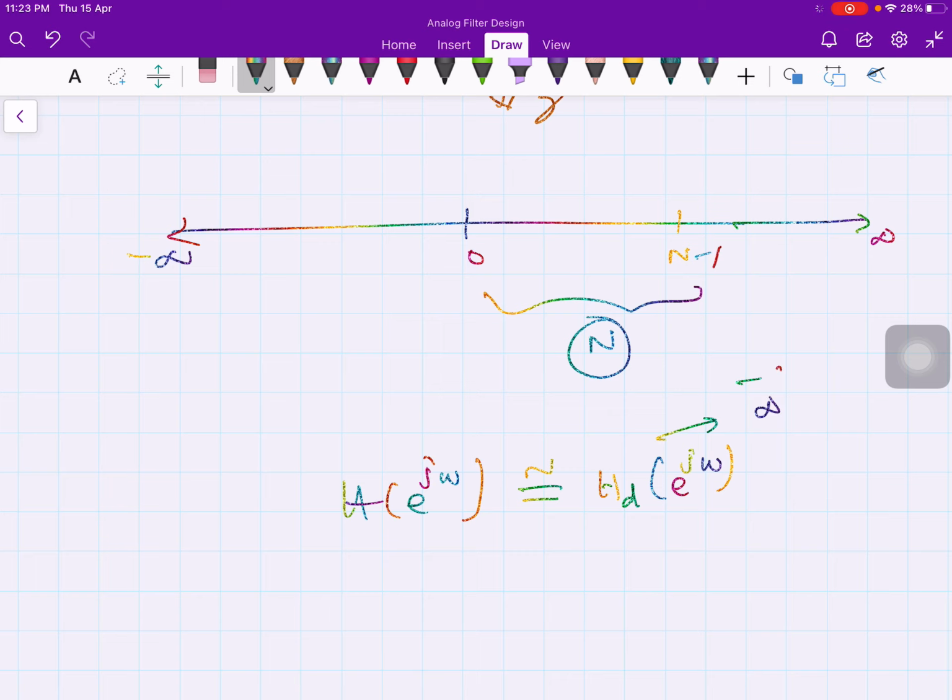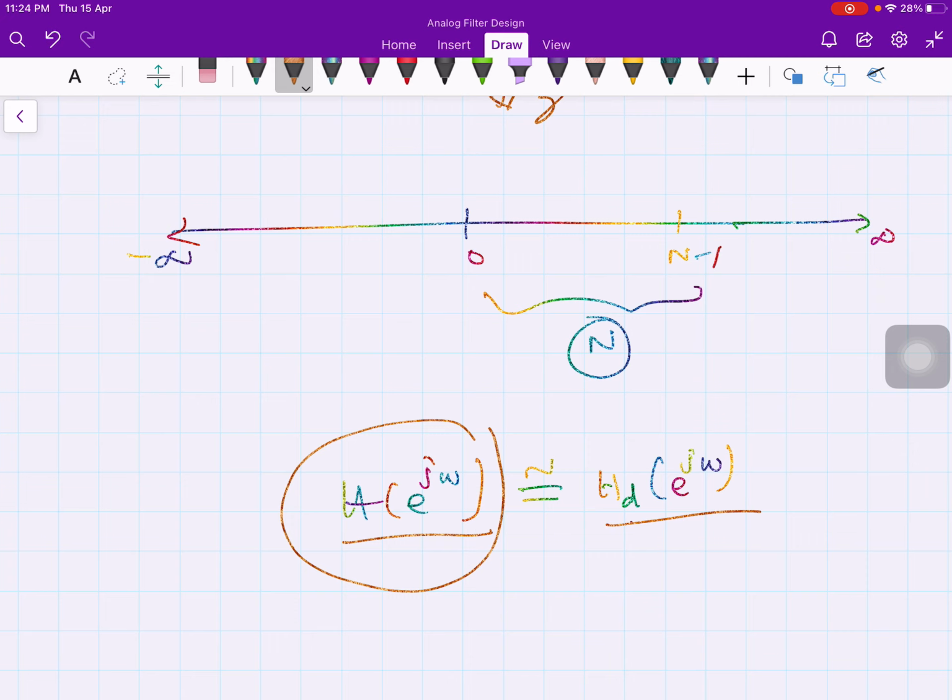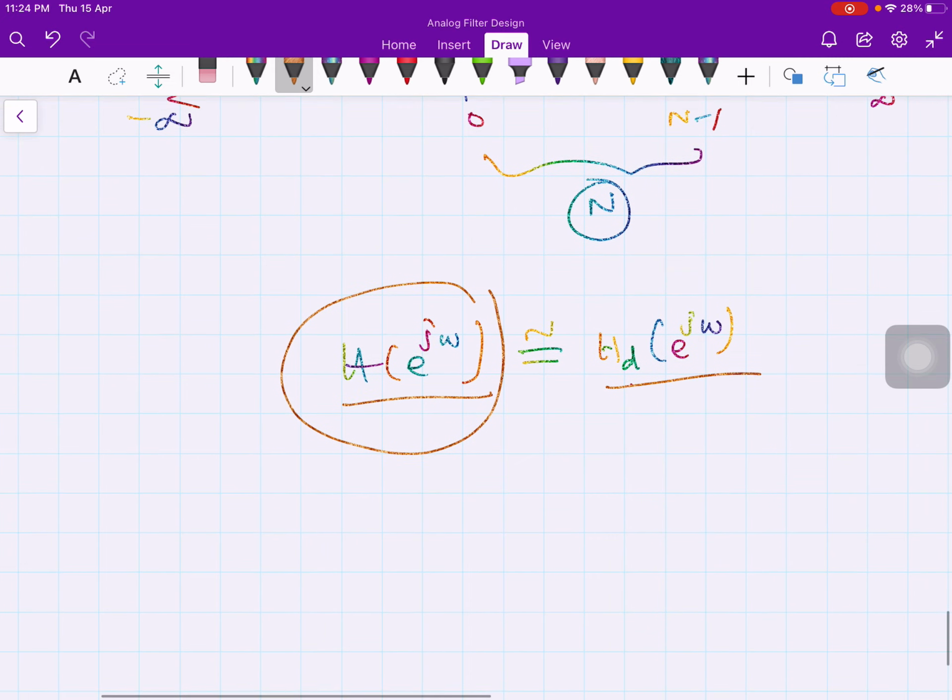It extends from minus infinity to plus infinity, but we are truncating it. So we will take H(e^jω), which will be an approximation to Hd(e^jω). Now let us see what this Hd(e^jω) will be.